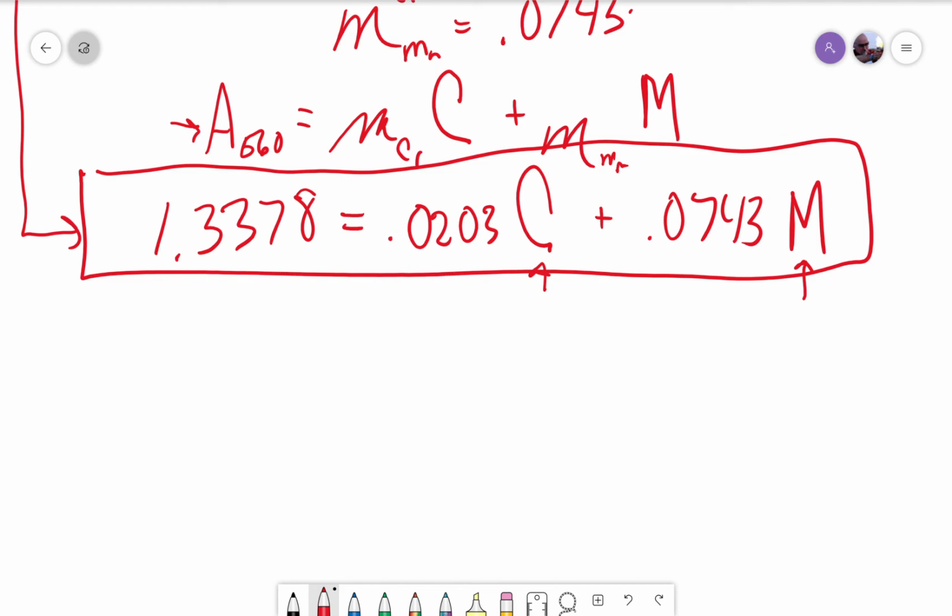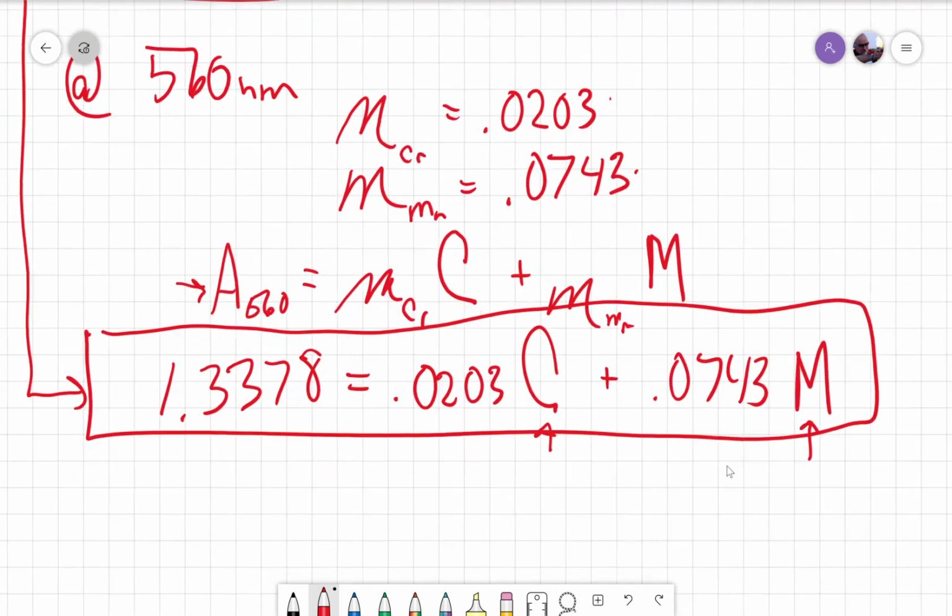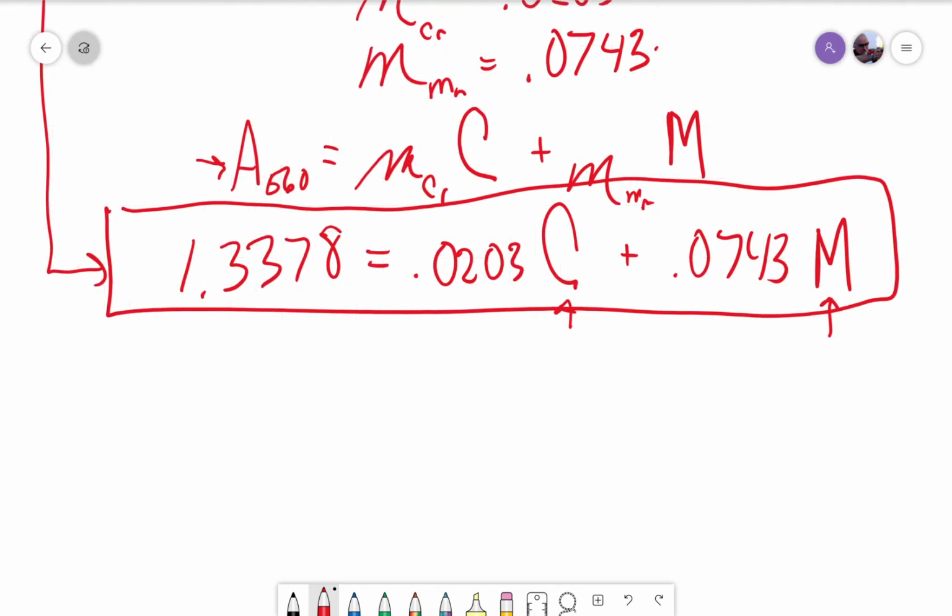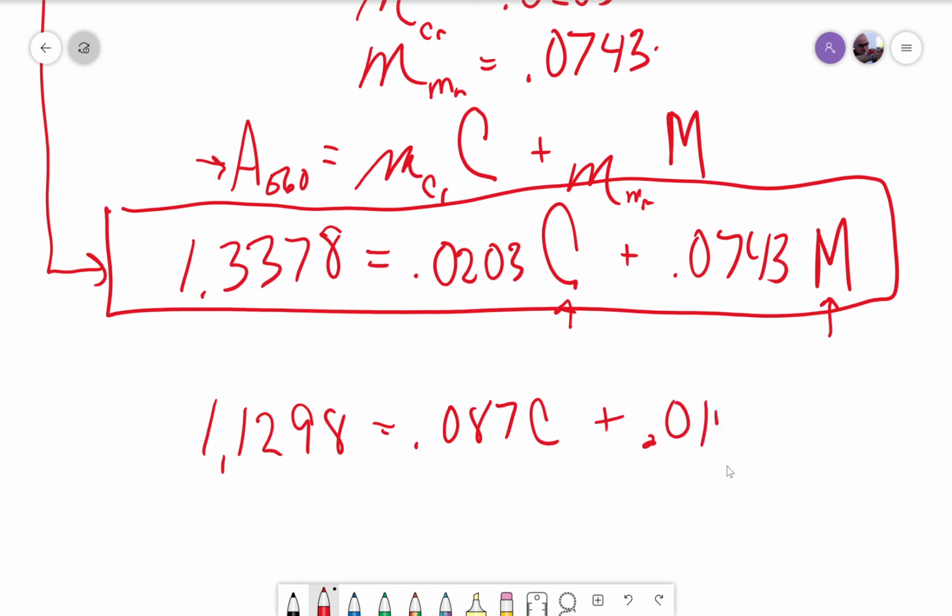If we start with the first one, we can write 1.1298 equals 0.087 C plus 0.0113 M, the first equation.